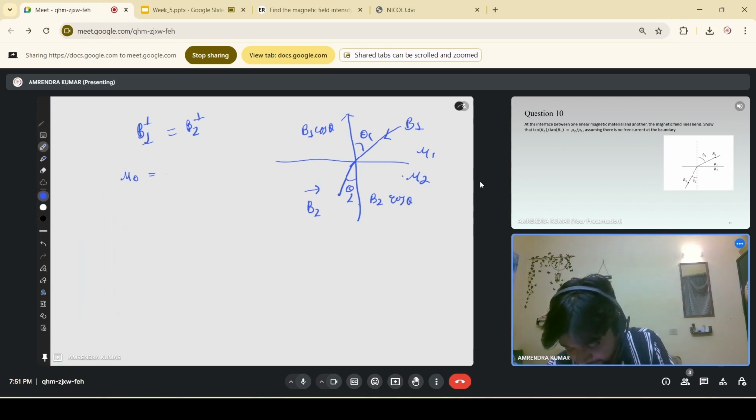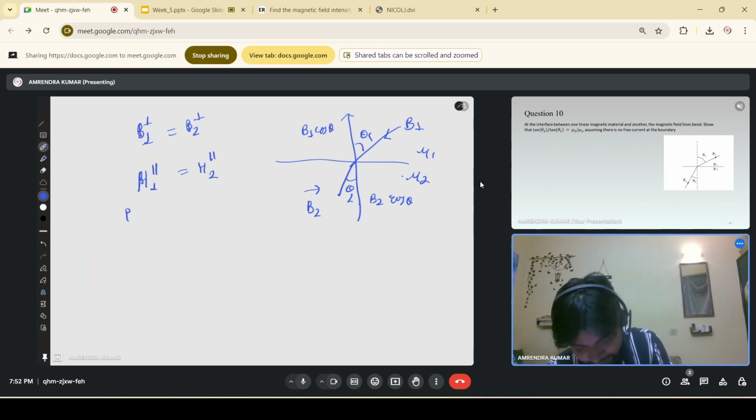There is nothing at the boundary, so the current is 0, and the parallel components, H parallel at 1 and H parallel at 2, are both going to be equal.